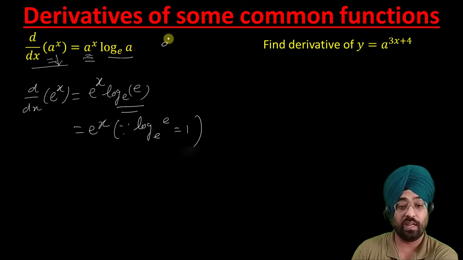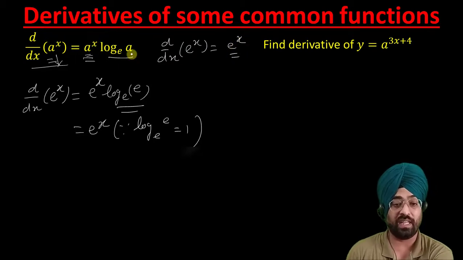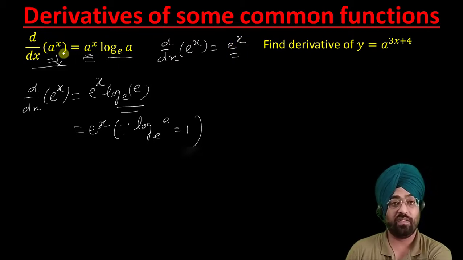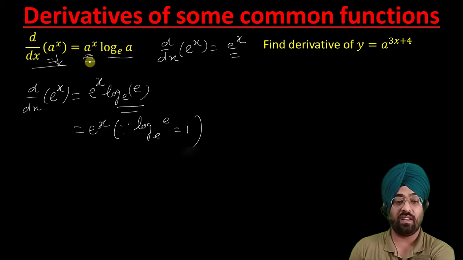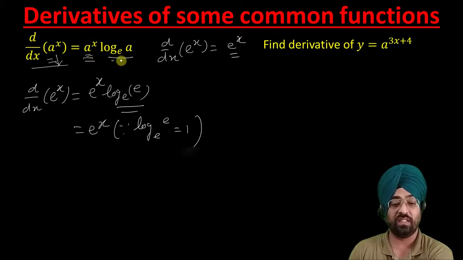This is very important. dy by dx of e raised to the power x is equal to e raised to the power x, and if we have a raised to the power x, it is a raised to the power x log of a with base e.